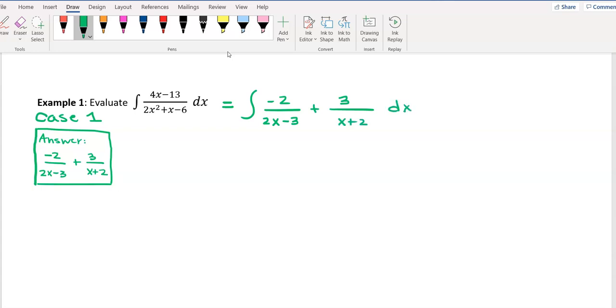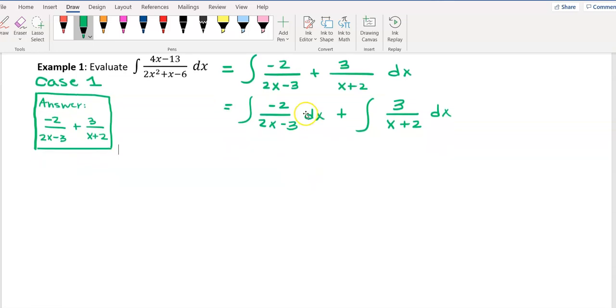Okay, so now I have the integral broken into our partial fractions, and I will need to break these into separate integrals because I'll need to do a little bit of u substitution on each of them. So negative 2 over 2x minus 3 dx, and then I'll also need to do the second integral, 3 over x plus 2 dx.